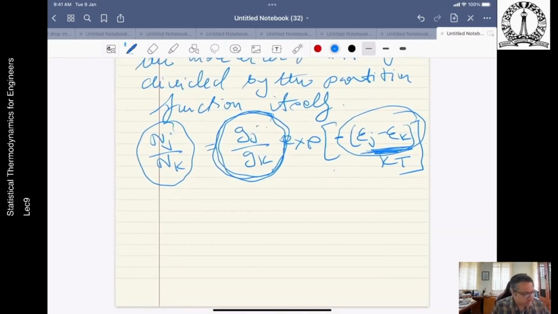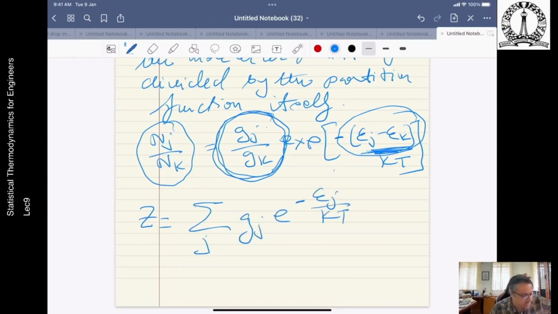Okay, so Z, once again, let us write it unequivocally in very large font: the sum of Gj exponential minus Ej by kT.